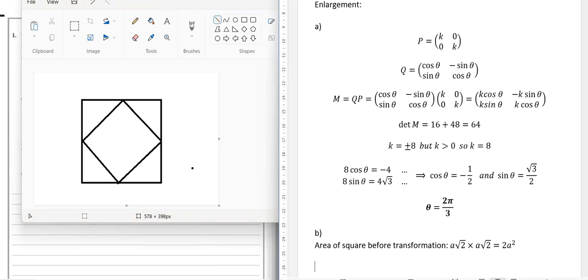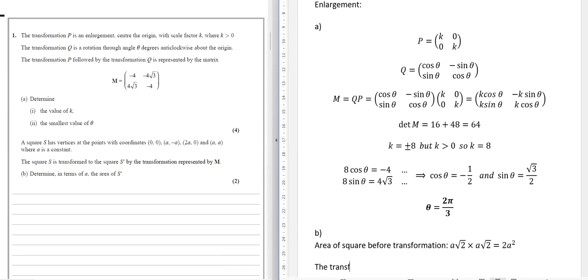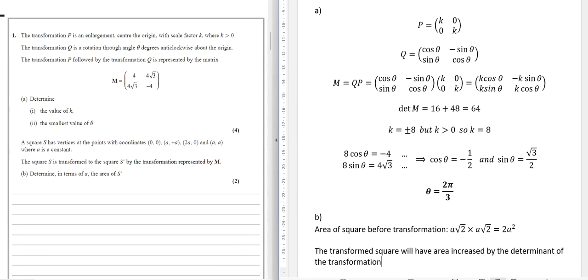Now, why is that all that I need? Because it says find the area of the transformed square, and the transformed square will have area increased by the determinant of the transformation matrix.